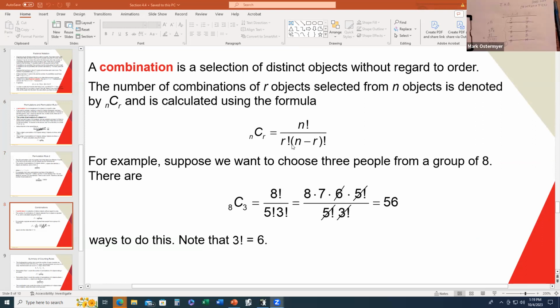Think about it. Is the denominator of a combination going to be larger or smaller than the denominator of a permutation? The permutation doesn't have this extra factor. Larger.